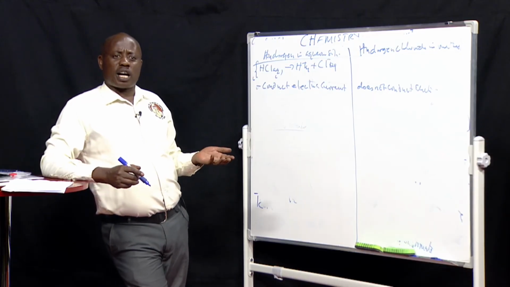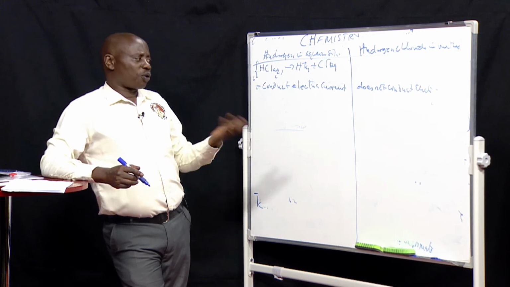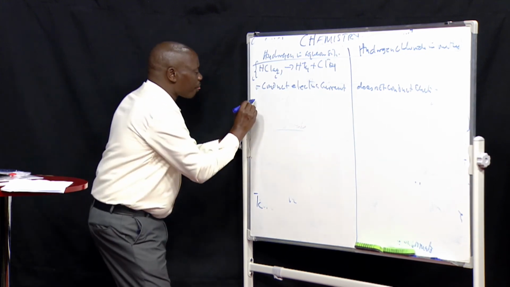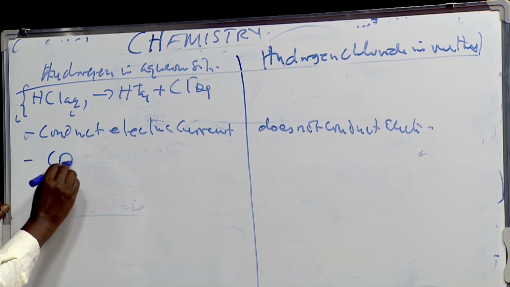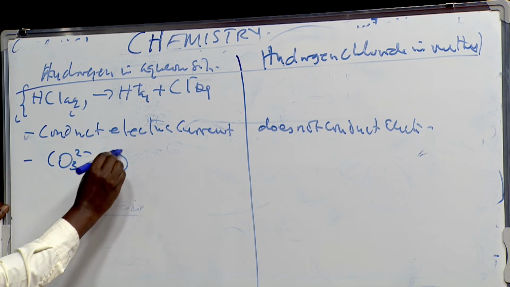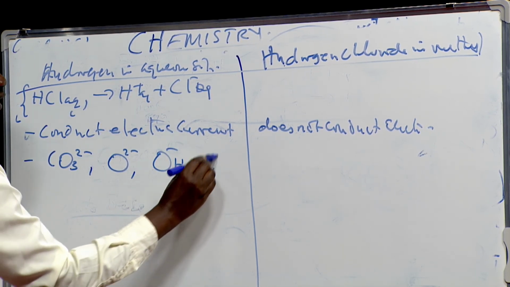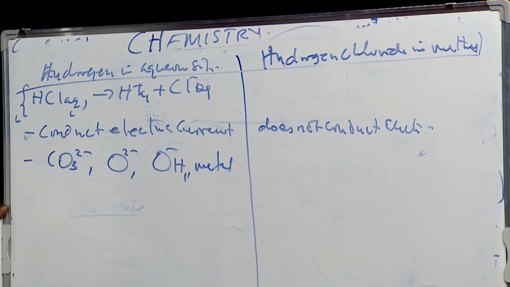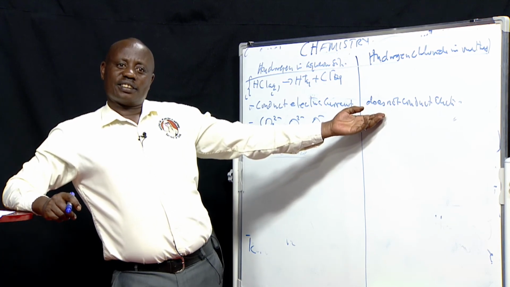Even if you approach the lab technician, you would be able to carry out this experiment, and you compare the two. This one reacts with carbonate, reacts with oxide, reacts with hydroxide, and reacts with metals above hydrogen in the reactivity series. But this one does not react.